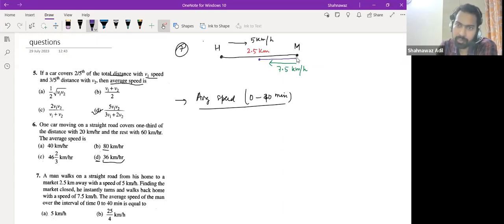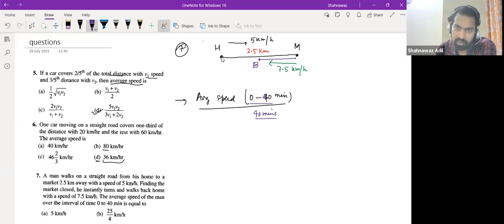From M to, let's say this is some place in between, for this part, distance is not given. What is one important information which is about time? In all this journey, time is not given, right? Total time is given, which is 0 to 40 minutes. Total time is 40 minutes, right? This is given.